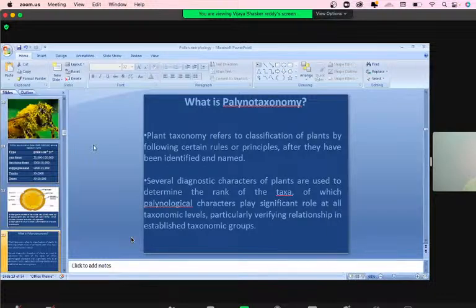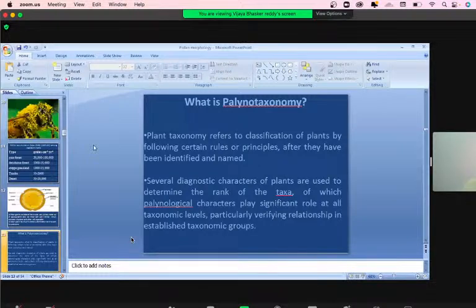Identification can be done based on the morphological characters, plant morphology, or anatomy, or embryology, or cytology, or even you can rely on palynology. The pollen morphological characters can be utilized in the identification of the plant. That's why it has great importance in taxonomy.